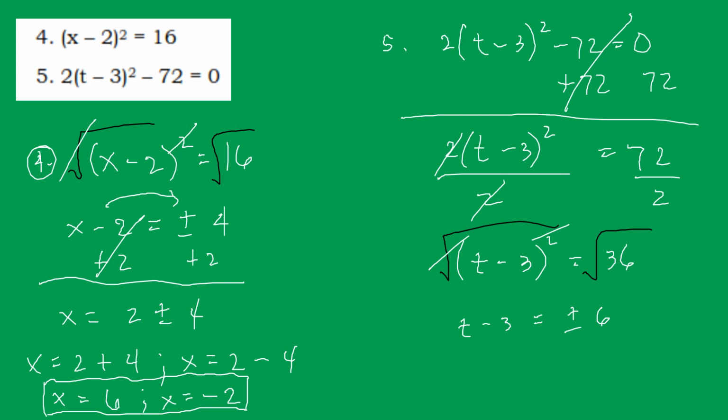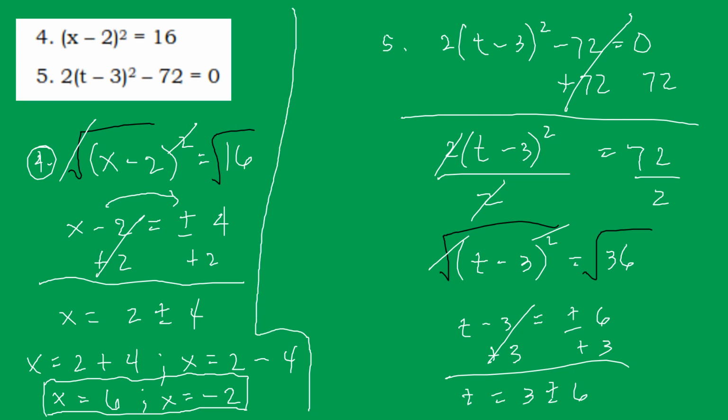Then, solve natin. So, that means, add tayo ng 3, both sides, para maging t is equal to, cancel na to, 3 plus or minus 6. So, same po dito sa ating unang example, meron tayong dalawang sagot dito kasi isang positive at isang negative. So, paghihiwalayin lang natin siya. So, the first one is t is equal to 3 plus 6.